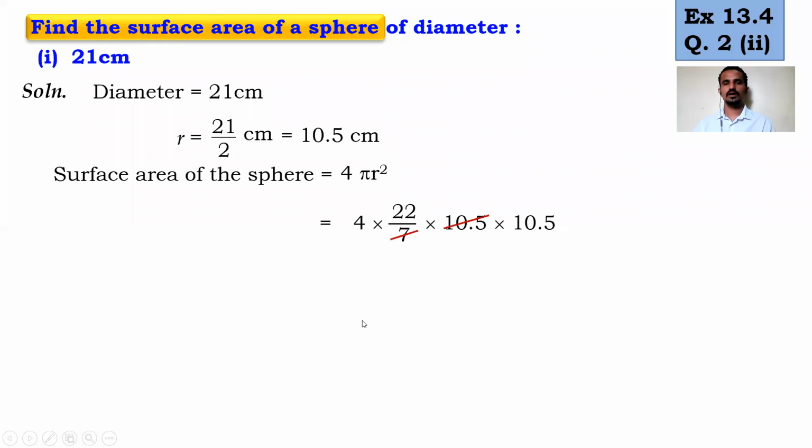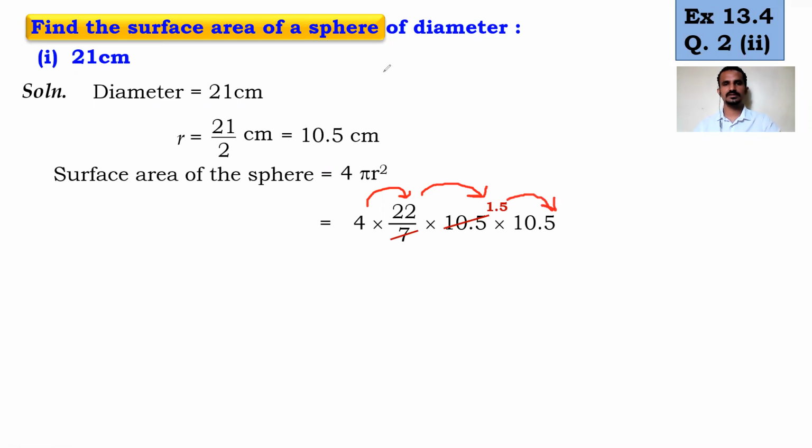So 4 multiplied by 22/7. Now that 7 can divide 10.5. It is divisible. So we will get 1.5. So we just have to multiply these numbers. 4 into 22 will be 88. Then into 1.5 and then into 10.5.